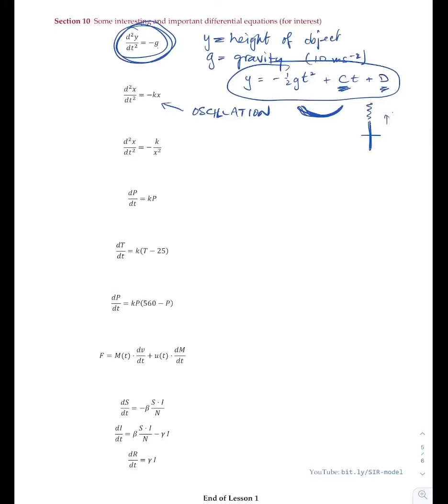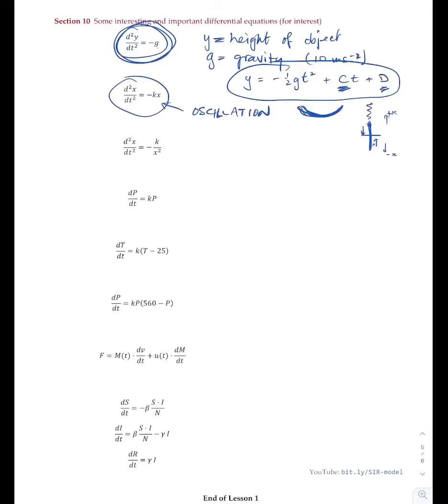This is positive x, this is negative x. When x is positive, when the position of whatever's on the spring is positive, the acceleration is towards the middle, so it's negative. And when x is negative, the acceleration towards the middle is positive. That's exactly what's being said here. k is just a constant. And once again, from that you can derive all the other equations of motion.